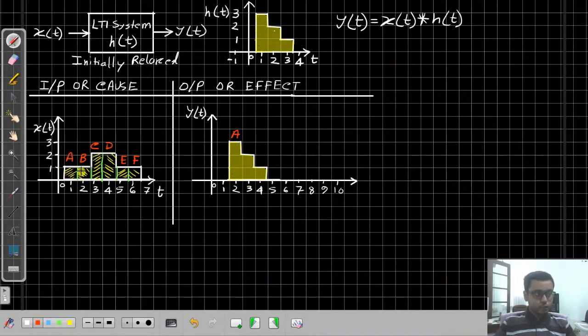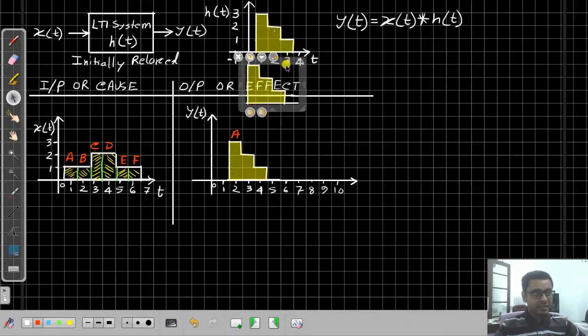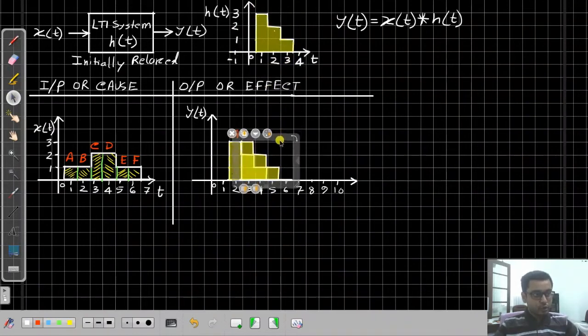Now let's come to part B, that is again another impulse of unit area. So its response will again be similar to this graph. I will copy it and put it here, after 1 unit delay from the previous output.